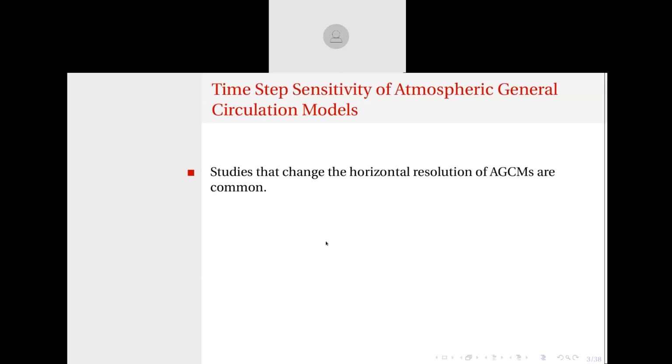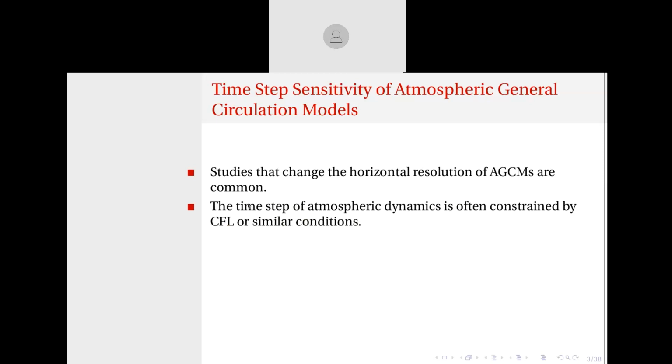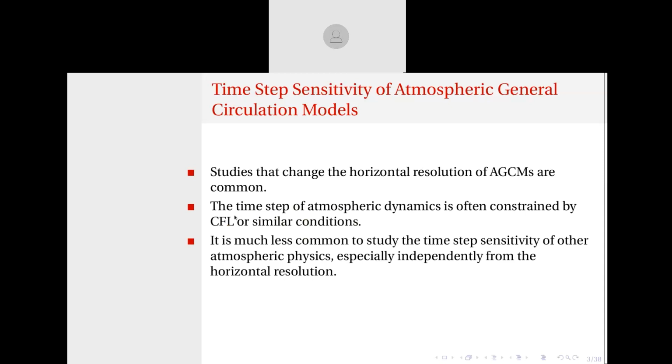So when we look at the literature on atmospheric general circulation models, there's a lot of studies that look at horizontal resolution. The time step of the atmospheric dynamics is often constrained by the CFL condition. So whenever you change the horizontal resolution, you often end up having to change the time step of the dynamics.